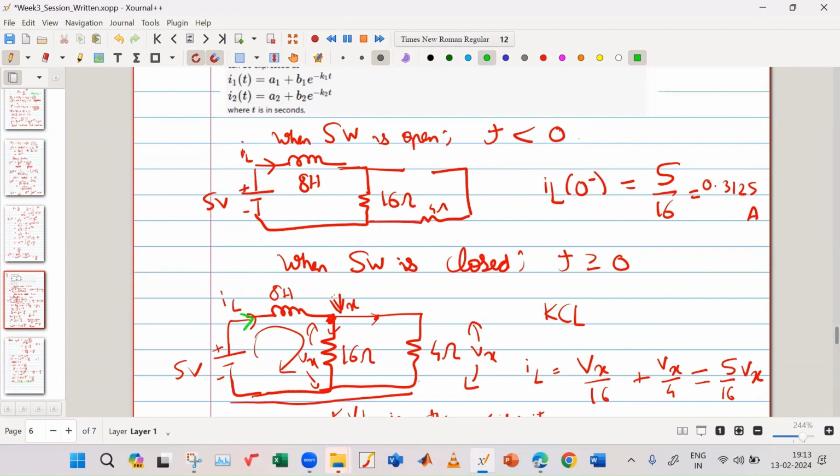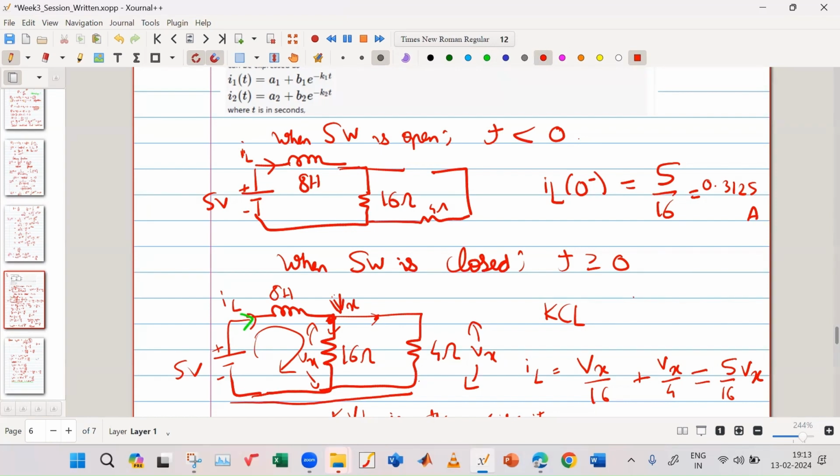IL, sorry, this IL. What is IL in steady state? 5 by 16. For the second circuit, we would have to find the equivalent resistance of the circuit.